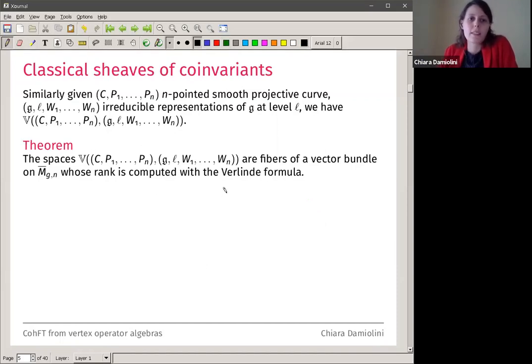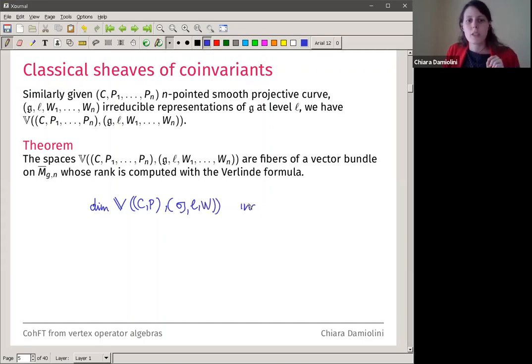So this fact that the spaces are fibers of a vector bundle is interesting because it means that independently of which curve we have and which point we fix on the curve, the dimension of this space, so let me maybe write here, the dimension of these spaces, and let me just fix one point just for notation.